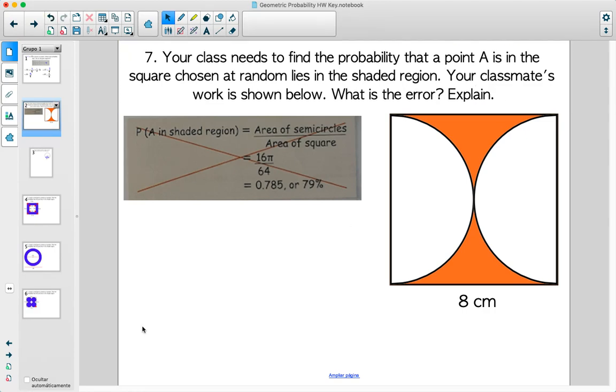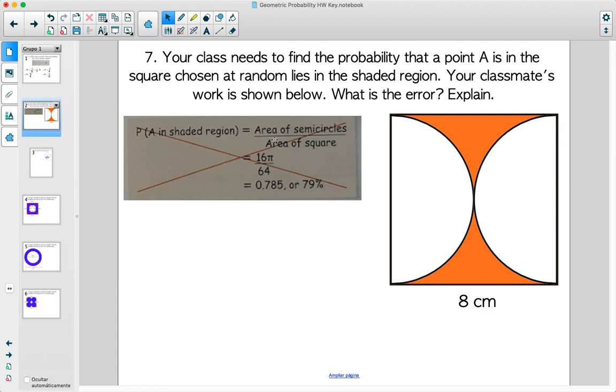So the probability that point A is in the shaded region. Let's see what the classmate, we'll call him Niall, did. So area of semicircles. Okay, that's pretty good. We do want to find the area of the semicircles at some point, divided by the area of the square. But it's asking us to find the probability that point A is in the shaded region.